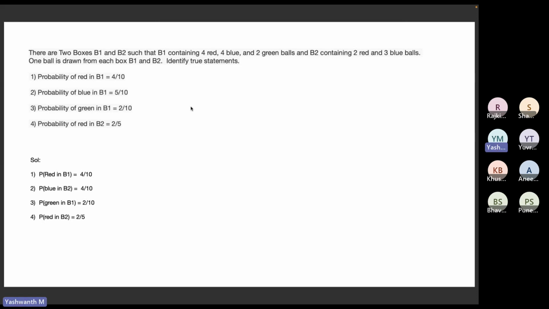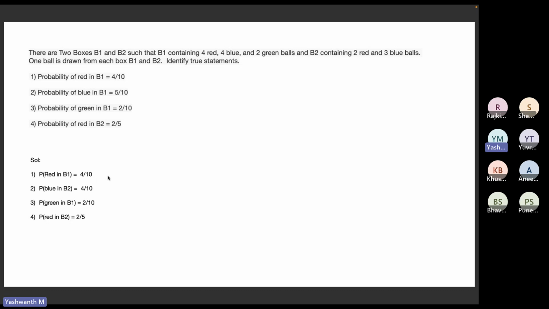Okay, so let me explain. Because you have only four red balls in B1, and you have in total 10 balls in box B1. So you can pick any one of the red balls in four ways, and in total you can pick any one ball out of 10.